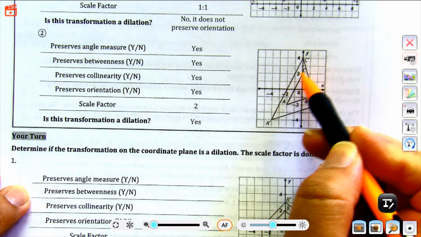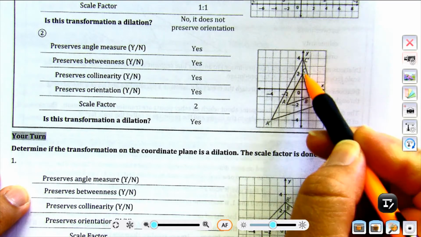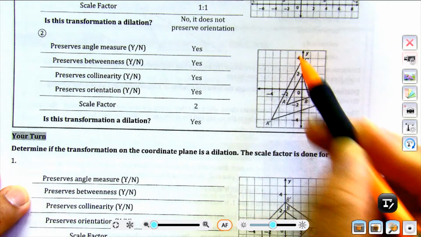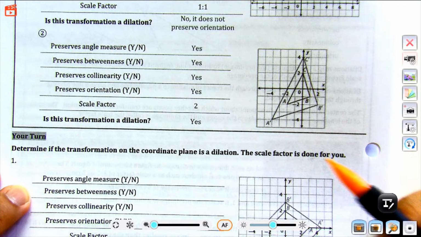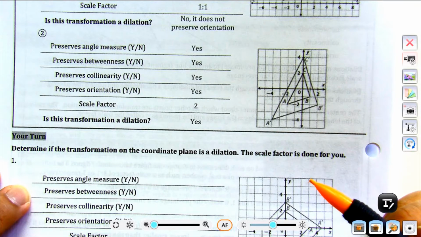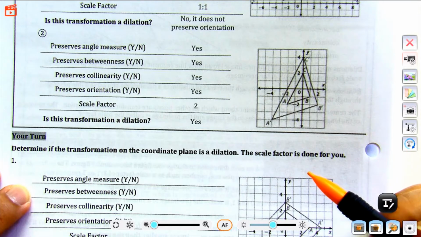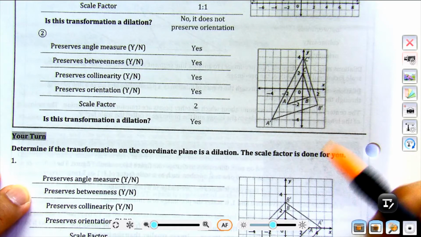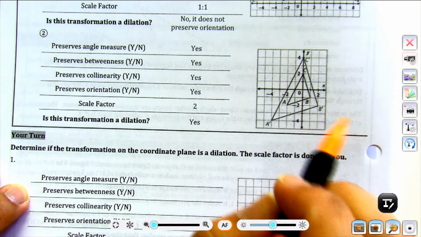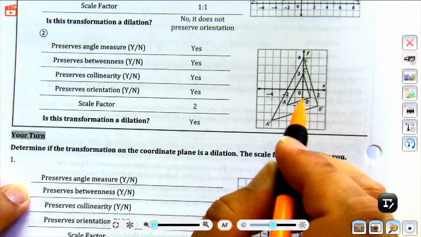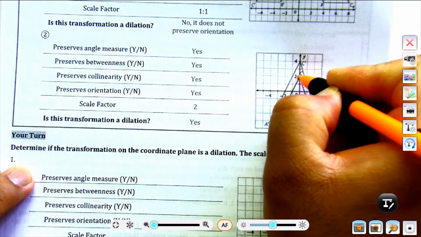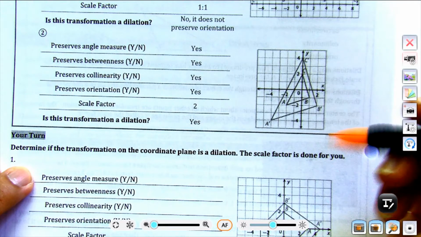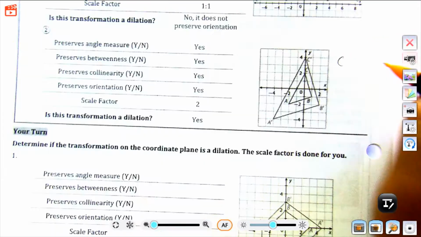Next, scale factor. So how do we find the scale factor? What we can do is pick a point on the pre-image and on the image. So let me pick a point C. Point C is located at 0, 2. And then let's look at C prime.